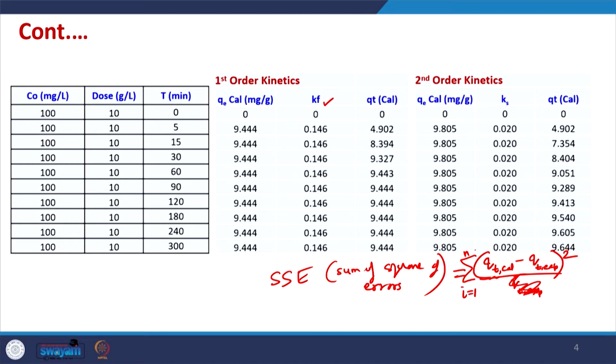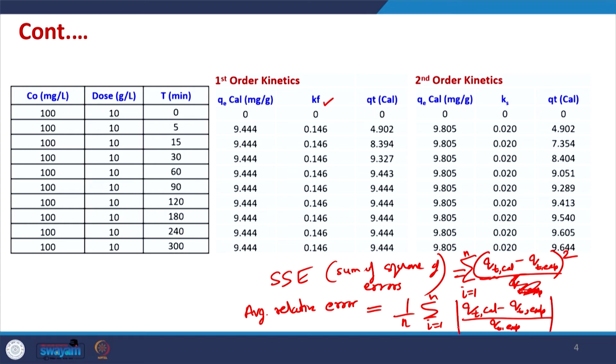Similarly, there is another function which can be used, which is called average relative error. So, that function can also be used. So, under that condition, in the average relative error it will be like this: 1 by n summation i is 1 to n, and then we can use the expression like QT calculated minus QT experimental divided by QT experimental, and we can take the mod of this.